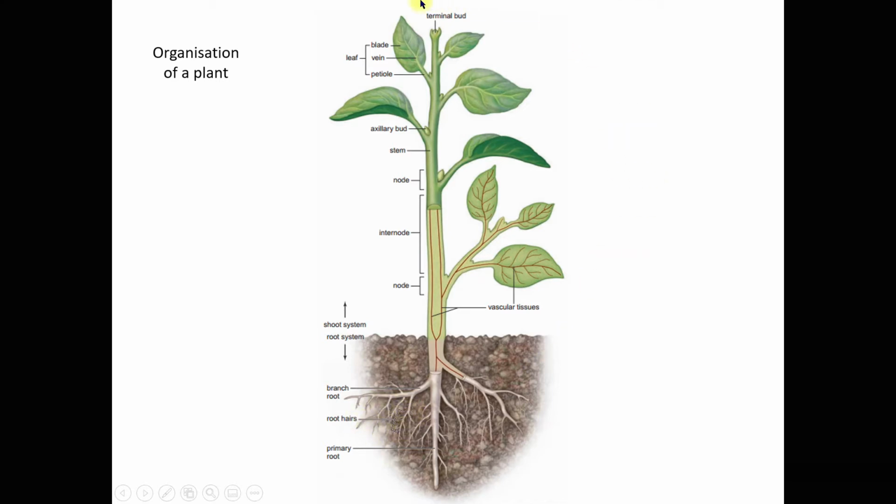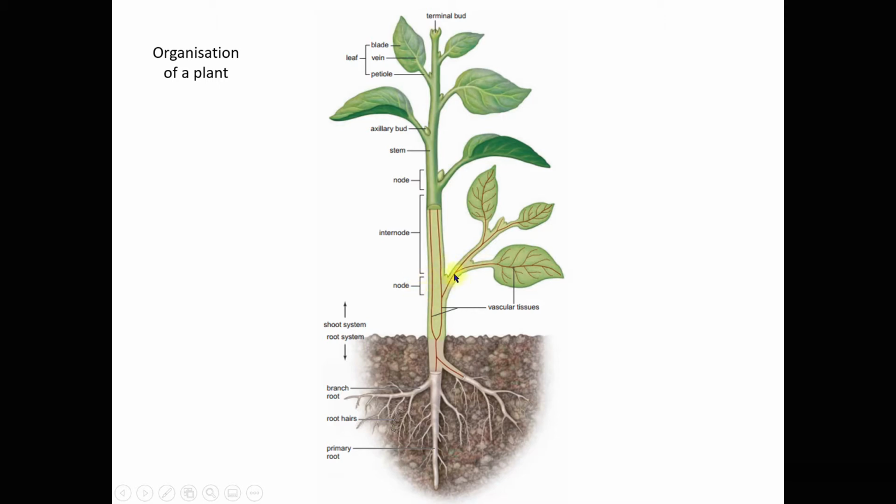Now when it comes to the shoot system, we have this area here known as the node. Each node has an axillary bud, and it can be more than one axillary bud.